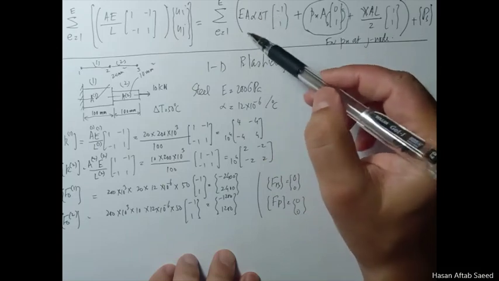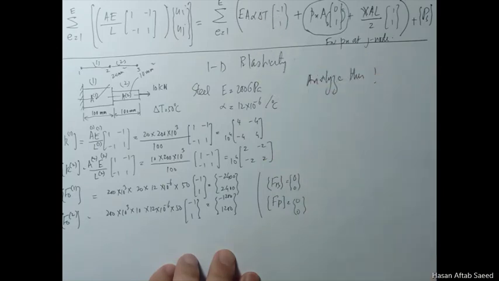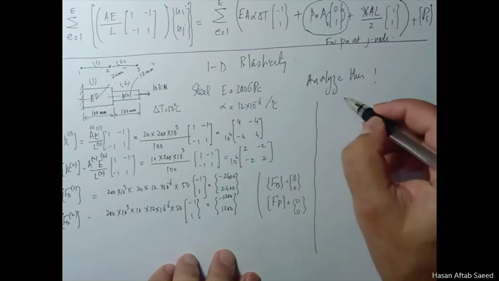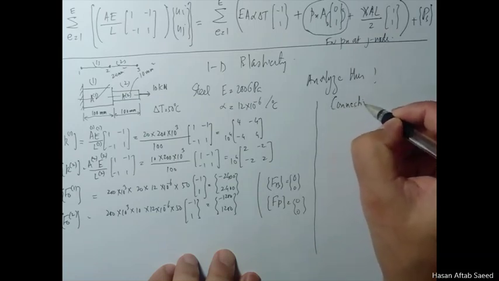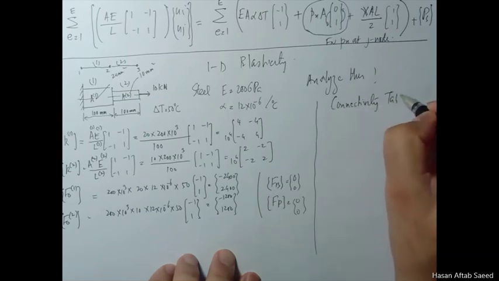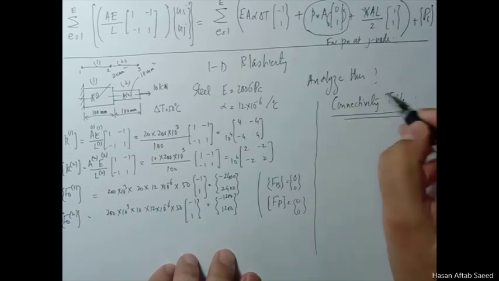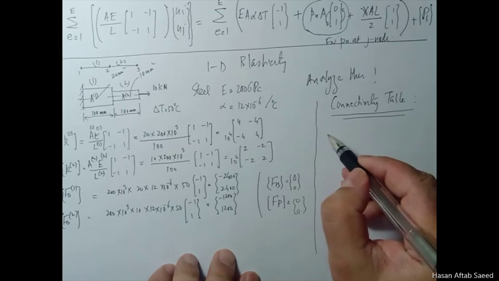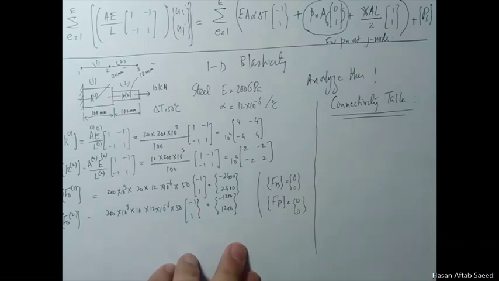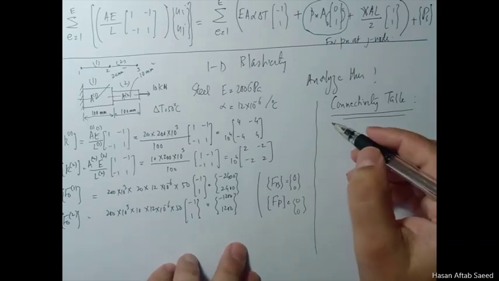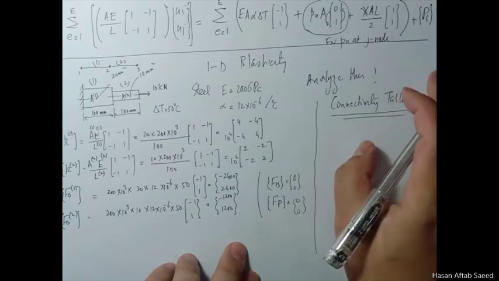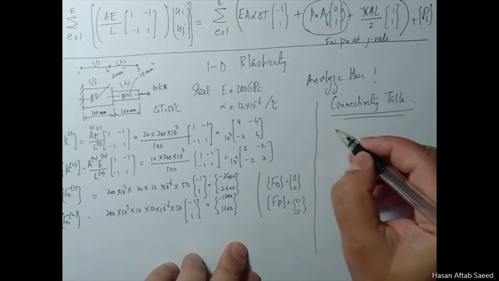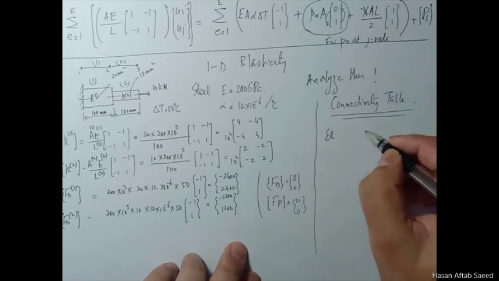Now we have to assemble them together. How do we do assembly? Please recall the connectivity table. Although for questions of this simplicity you don't actually need it, I suggest that you make it anyway, because there are a lot of things that you do in your mind, and you make some assumptions and then you make a mistake.